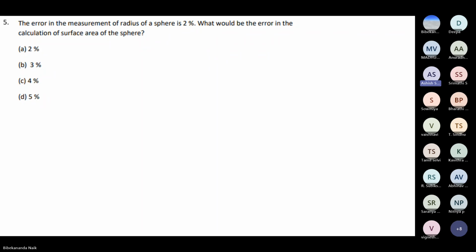The 4%. Yes, it is very easy when you see the error in measurement of r is 2%, that is delta r by r is 0.02, is it not?